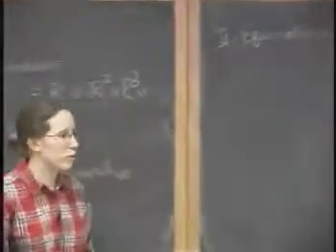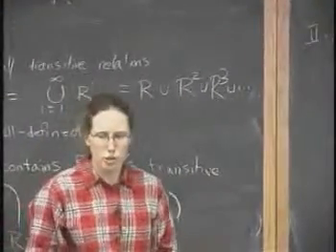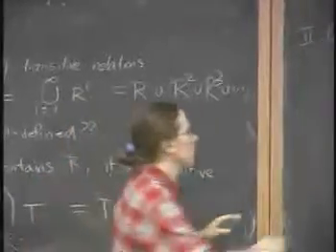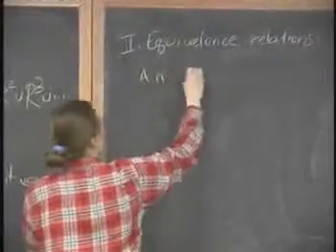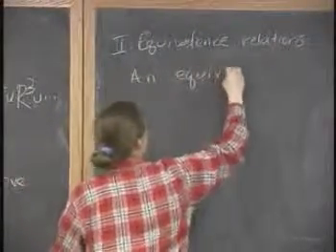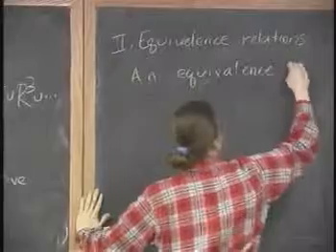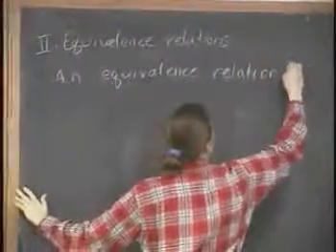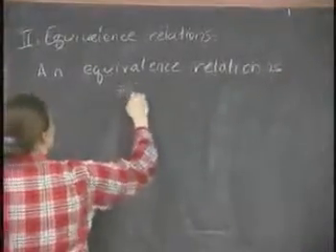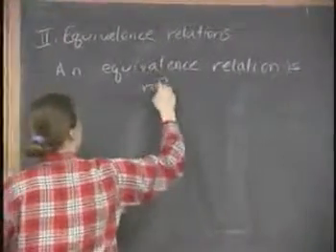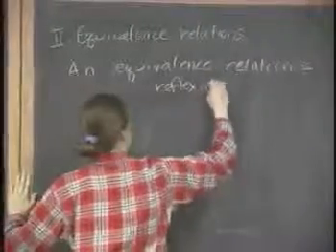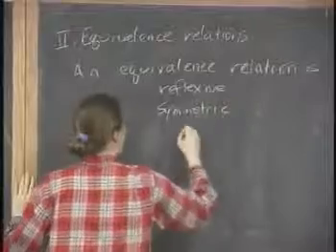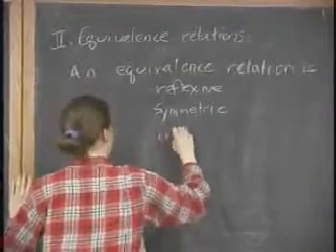Okay, so an equivalence relation is supposed to be one that's transitive and symmetric and reflexive. It's reflexive, symmetric, and transitive.